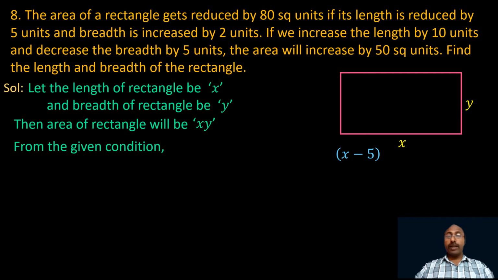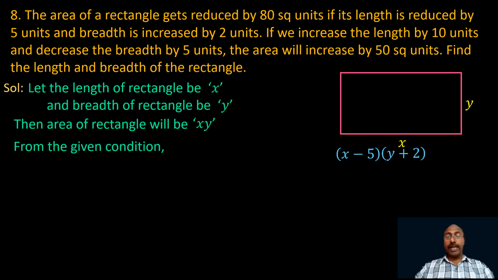And if breadth is increased by 2 units, what will be the new breadth? y plus 2. And what is the area then? New length is x minus 5, new breadth is y plus 2. Then the area is (x minus 5) into (y plus 2).